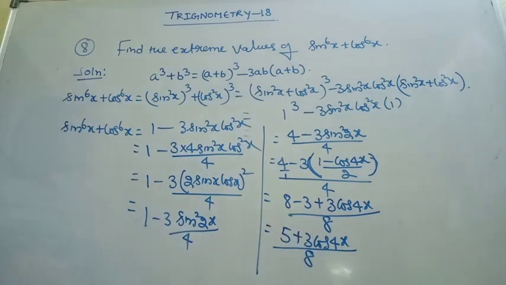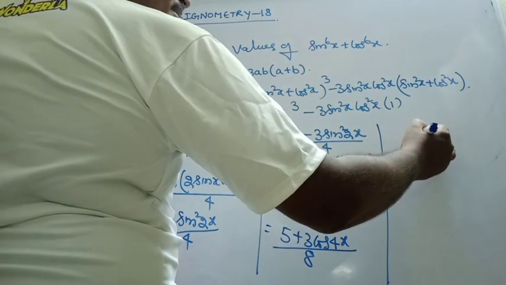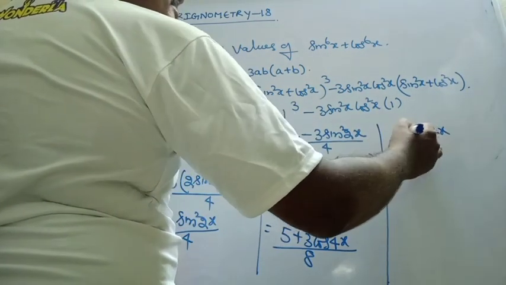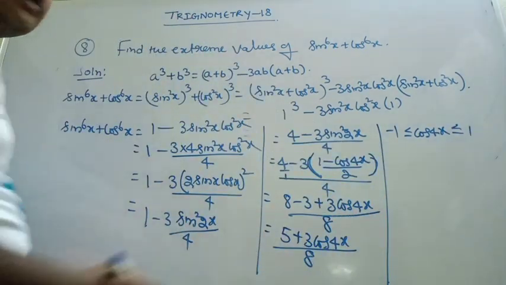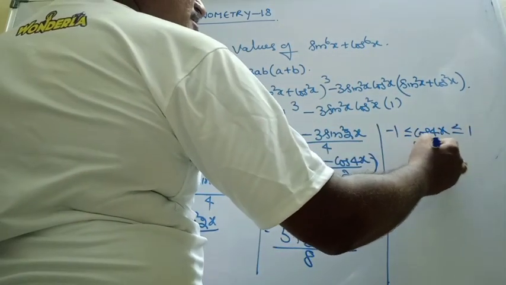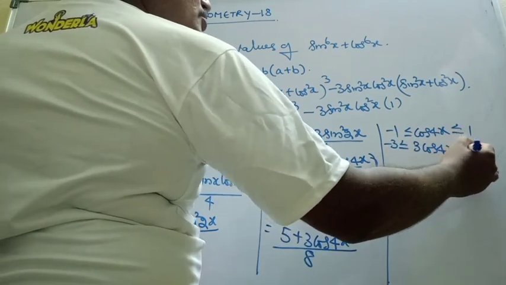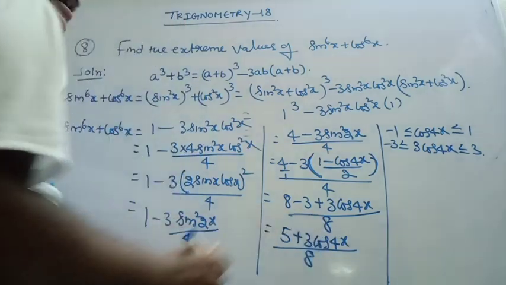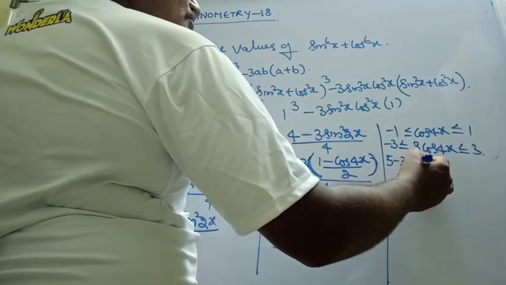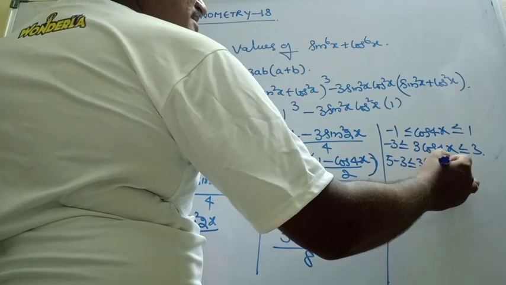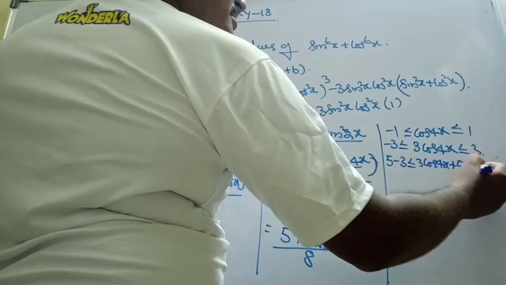Now you see, my dear students, how we are going to get the extreme values. You know that cos 4x lies between minus 1 and 1. If you multiply by 3, then what you are going to get? Minus 3 less than or equal to 3 cos 4x less than or equal to 3. Now add 5 on both sides: 5 minus 3 less than or equal to 3 cos 4x plus 5 less than or equal to 3 plus 5.